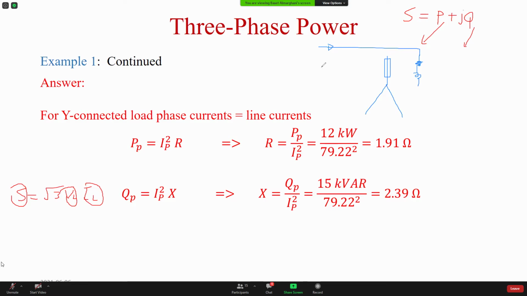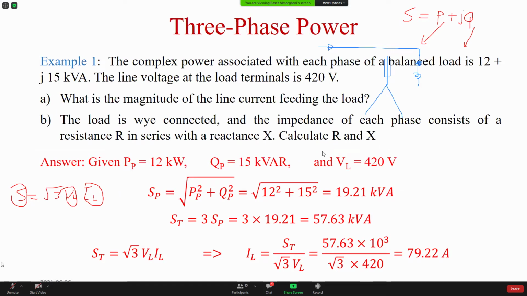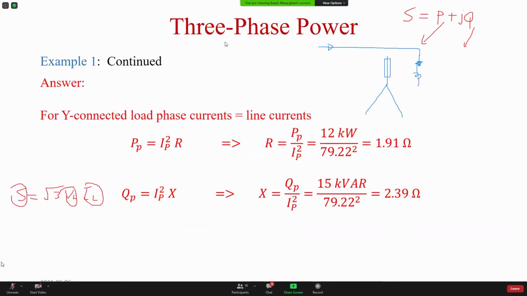We know the line voltage. You give me the line voltage and I know the line current. So the current coming here is 79.22. Current going this way, the line current. Because it's Y, the phase current is the same.